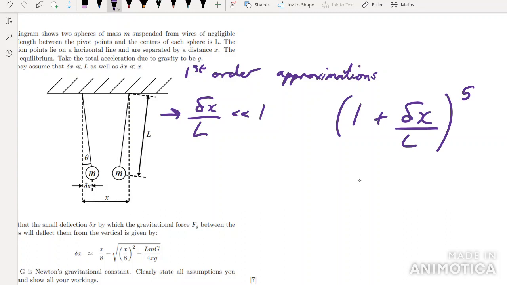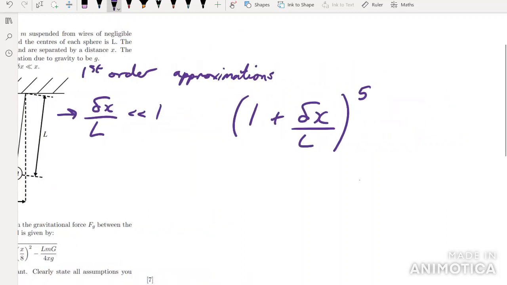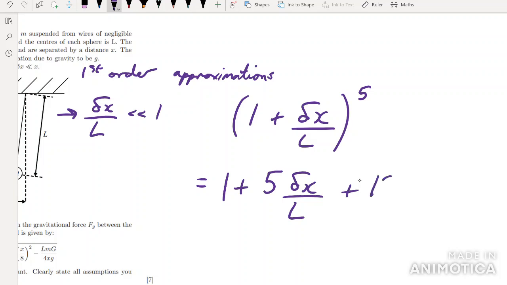What this first order approximation allows us to do is keep every single term that's up to and including delta x over L. But anything bigger than that, for example delta x squared over L squared, you can just get rid of. So this we would rewrite as, if you expanded it out, 1 plus 5 delta x over L plus, what is it, something like 10. It doesn't really matter because we're about to get rid of it anyway.